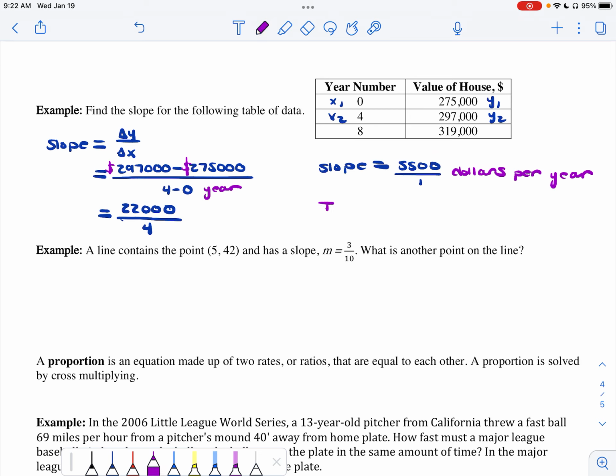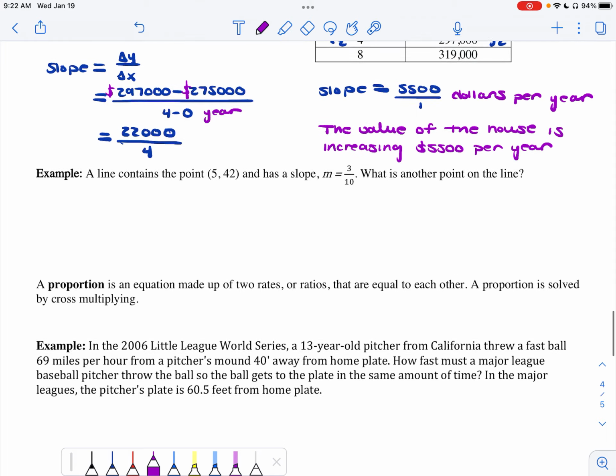All right, so I'm just going to put that in a complete sentence. So the value of the house is increasing $5,500 per year. Okay.